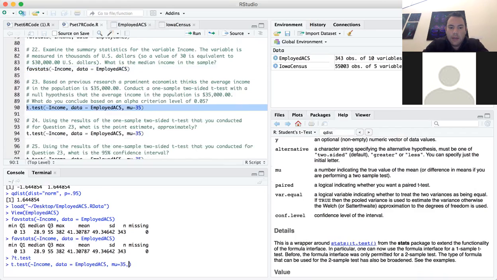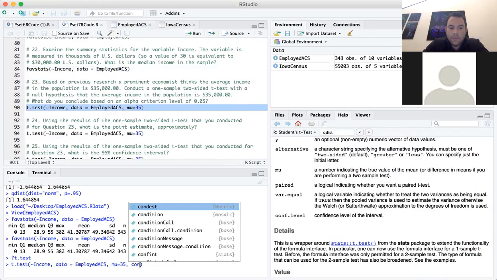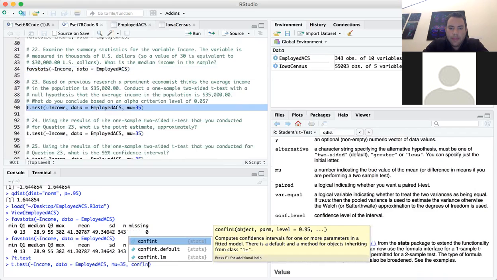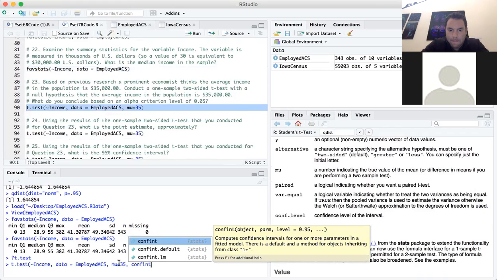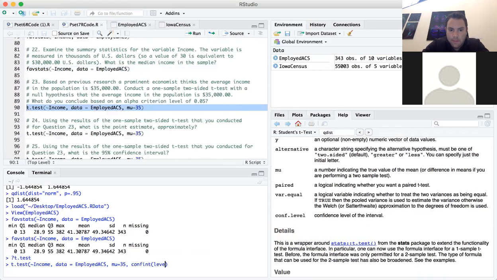And we can put in confidence interval level equals 0.95. And we can run this command.